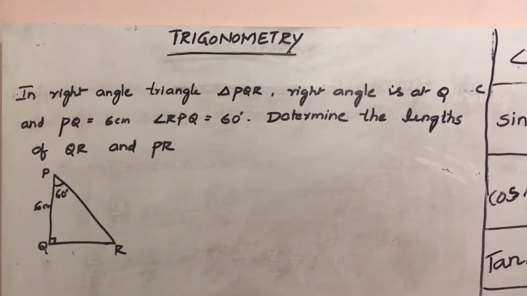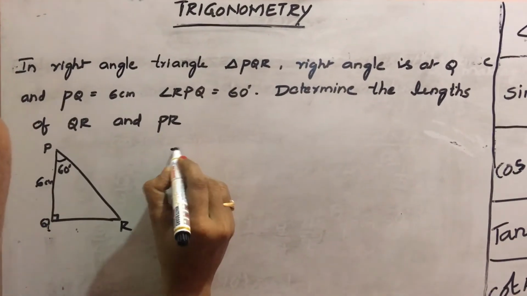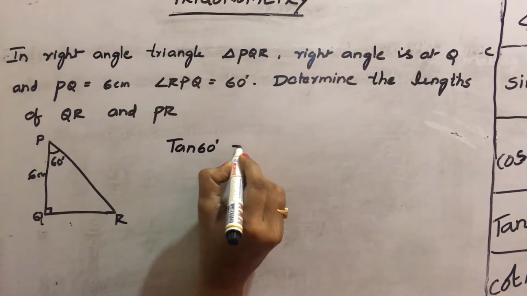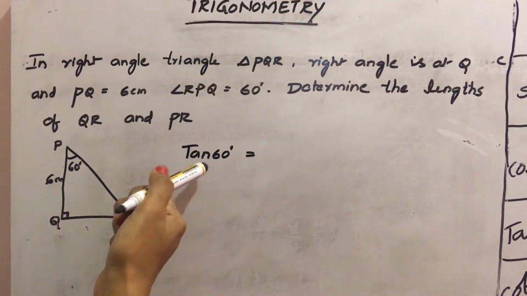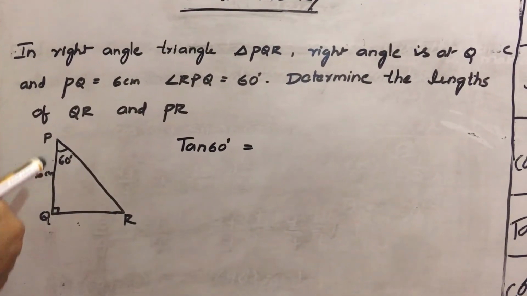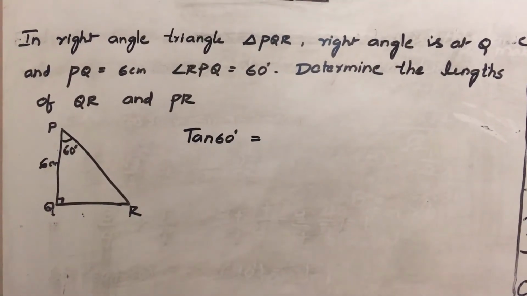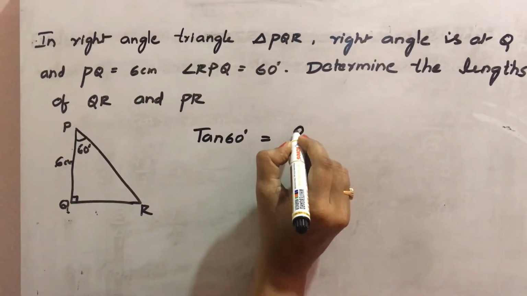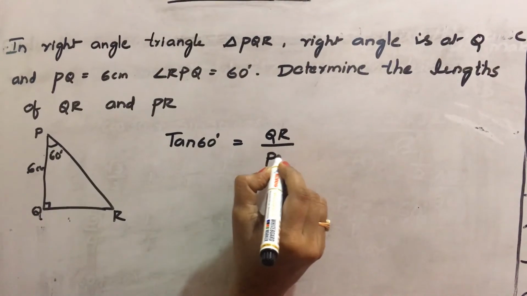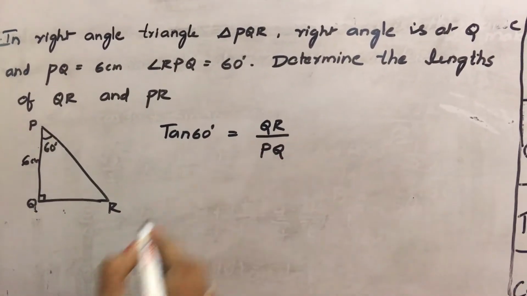For this, we need to take tan 60 degrees is equal to, what is the definition of tan 60? Opposite side to 60 degrees by adjacent side to 60 degrees. What is the opposite side to 60 degrees? QR. Adjacent side to 60 degrees is PQ.